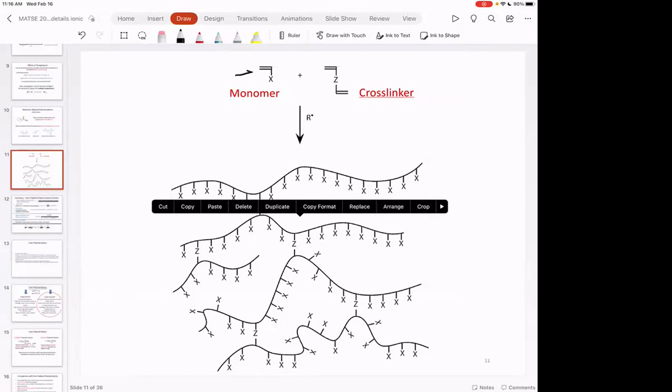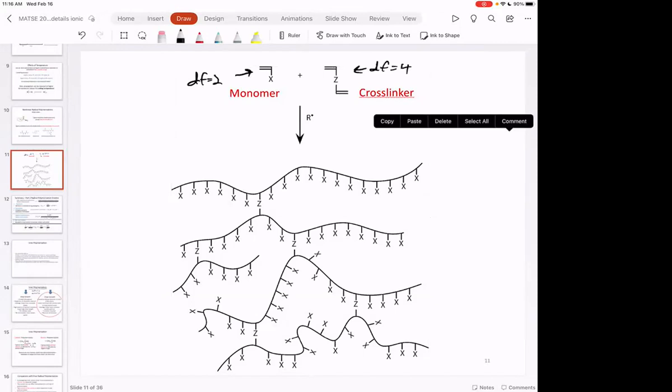Remember that we're looking for these carbon-carbon double bonds, and this is a DF equals 2. This is a DF equals 4. And so we've done this a number of times, depending on what the chemistry is. You get branched or cross-linked polymers when you have higher DF than 2 in there. Otherwise, you get all linear polymers in the absence of chain transfer.